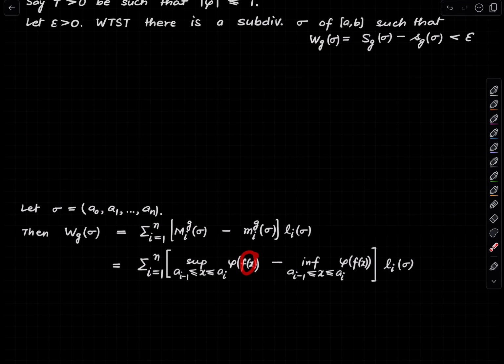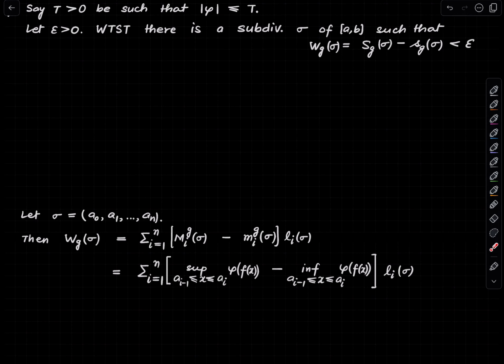And so that's what we now turn to do. Okay. So we will of course use two things. We will use the uniform continuity of phi and the Riemann integrability of f. All right. So first let's nail down the uniform continuity part.